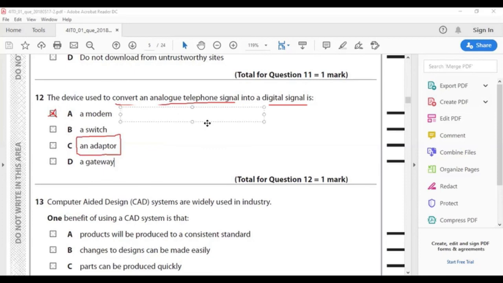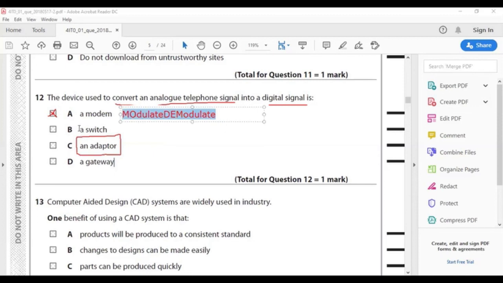The word modem actually means modulate and demodulate. I capitalized the initials that spell the word modem. Modulate and demodulate means conversion, from analog to digital and digital to analog. That's what it does.